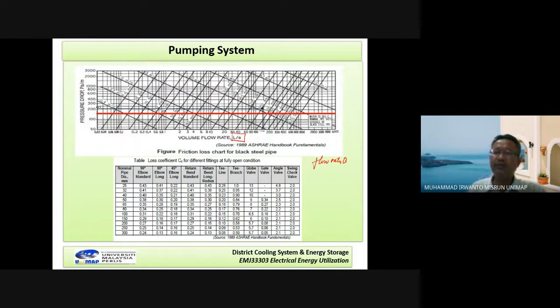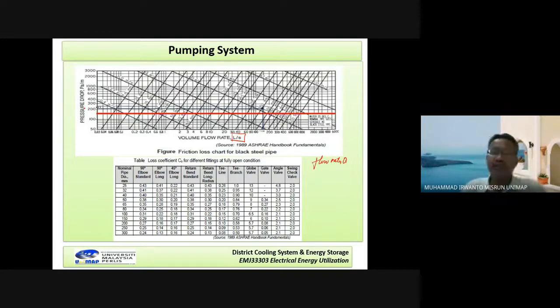Please refer to which one it is, and then the flow rate, and go to that type of pipe, and then go to the left side. We can obtain the pressure drop in Pascal per meter. And then multiply by how many meters for the length of the pipe. We can obtain the total pressure losses for the length of the pipe.